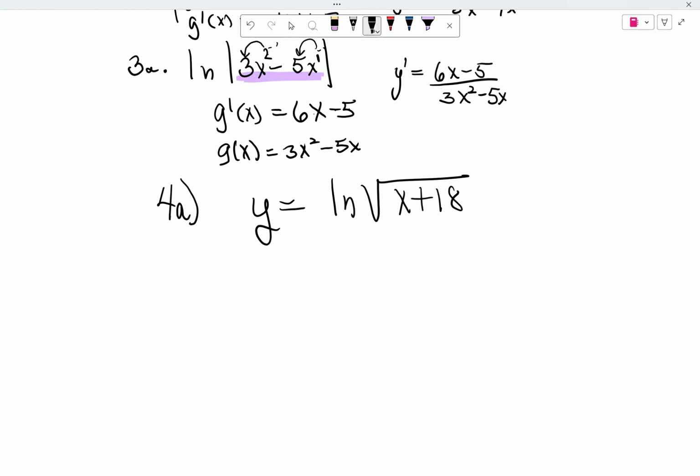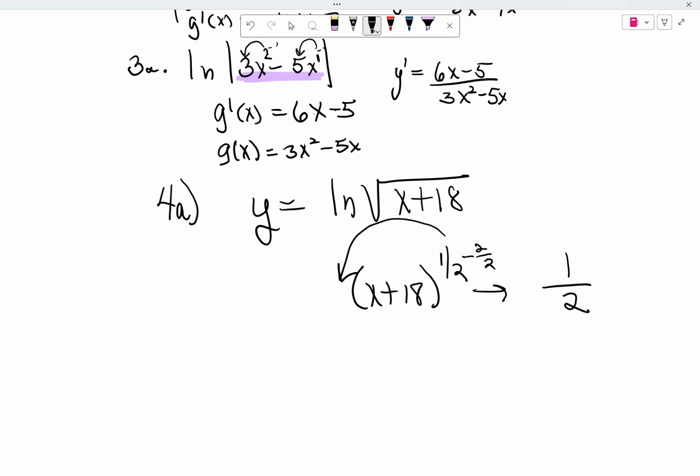So this will become basically a chain rule kind of situation because you have x plus 18, and this is this to the 1/2 power. So I have to multiply, and that's going to become 1/2. And then this is going to take away 1, because remember, I'm really taking away 2/2.